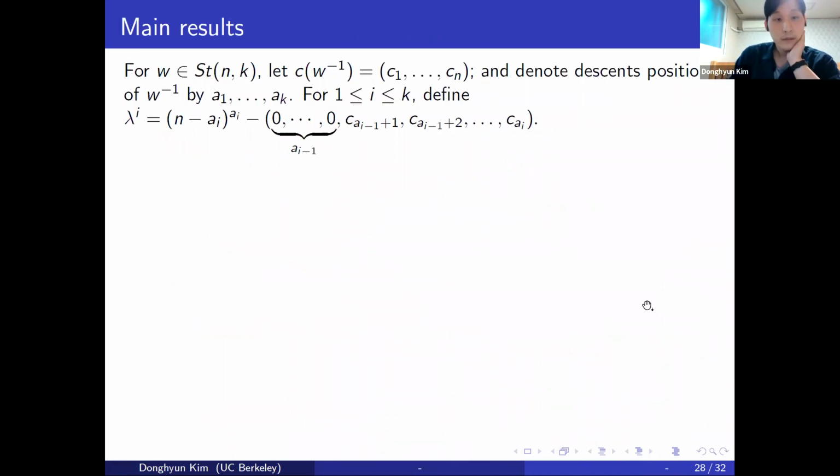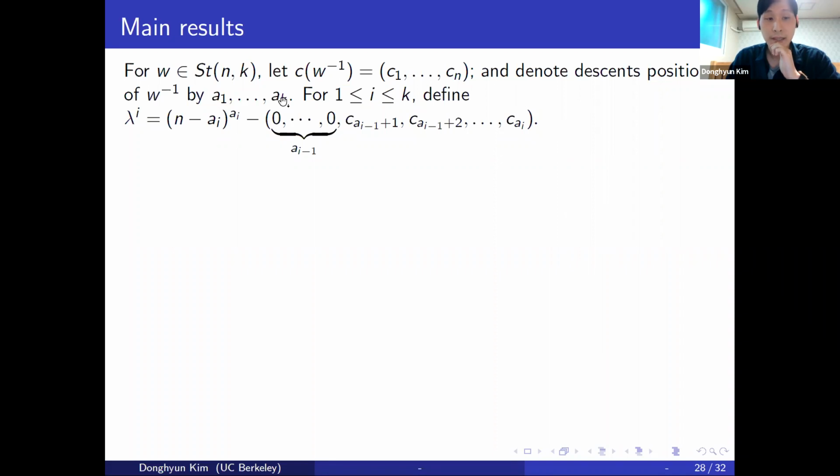So again, our main result. Let's say W is in ST(n, k), and let's say that the code of W inverse is c_1 to c_n. By the definition of ST(n, k), W inverse has k descents, and we will denote the descent positions by a_1 to a_k.